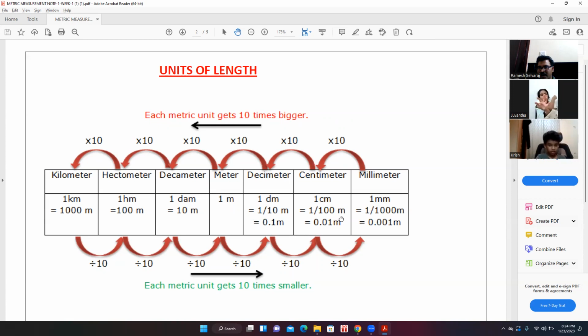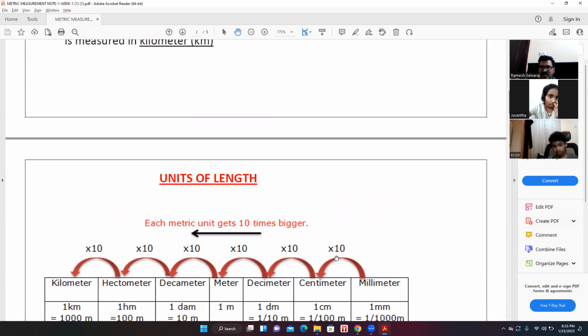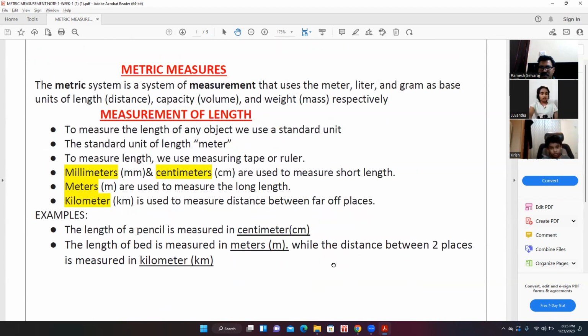Centimeter is 1 divided by 100, that means 0.01 meter. Millimeter means 1 divided by 1000 meter, that means 0.0001 meter. So the smallest one is millimeter, the biggest one is kilometer. You see, this is 1000 meter. This is 0.001 meter. Do you know the difference, right? We will study slowly, then only you will be able to understand.